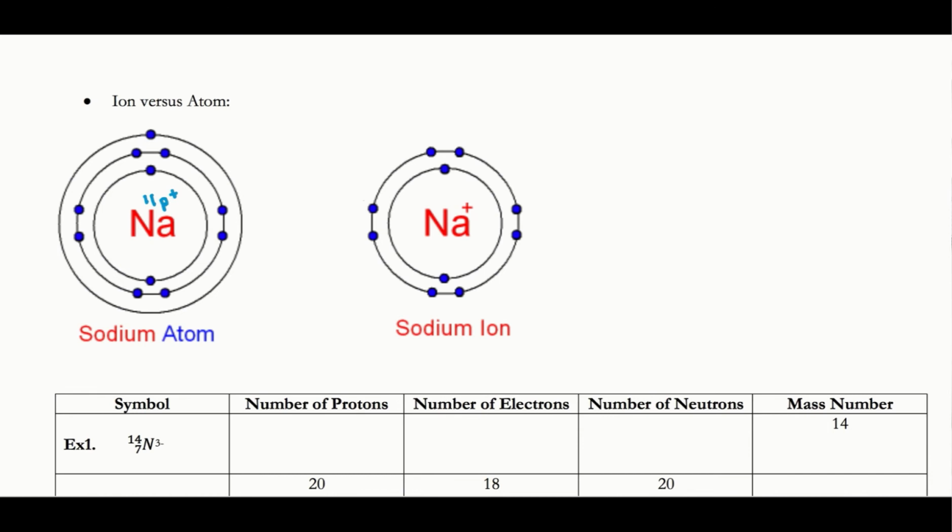Well, let's see if I do have that. I have 1, 2, 3, 4, 5, 6, 7, 8, 9, 10, 11. So because I have 11 electrons, sodium is an atom, meaning it has no charge, because 11 positives cancel out 11 negatives. An ion occurs when you lose or gain electrons.